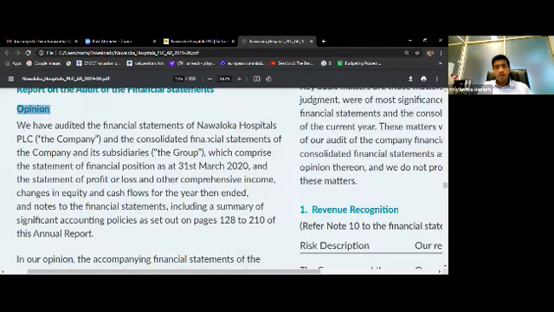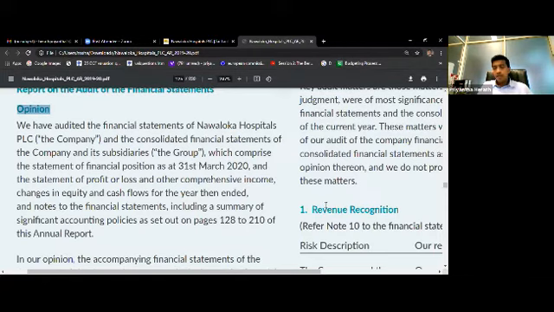Is called group, which comprise the statement of financial position as at 31st March 2020 and the statement of profit or loss and other comprehensive income, changes in equity, cash flows for the year then ended, and notes to the financial statements, including summary of significant accounting policies. So the composition of the components of financial statements, right?